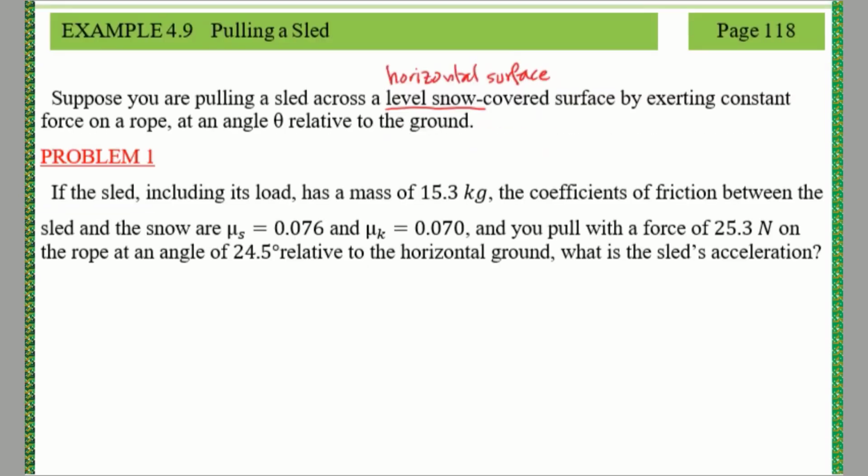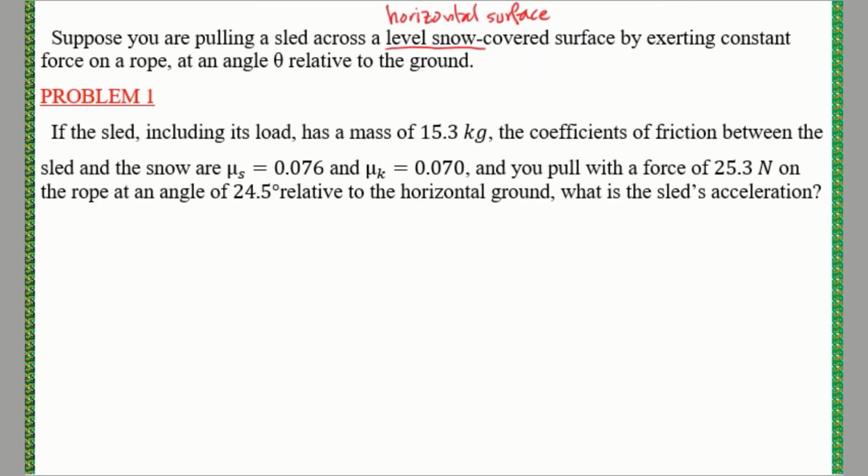Now, since we know the surface is horizontal, we will draw a horizontal surface. On that surface we will put some shape for the object, then draw the x-axis parallel to the surface and the y-axis normal, or perpendicular, to the surface, and these two axes will cross on the object.